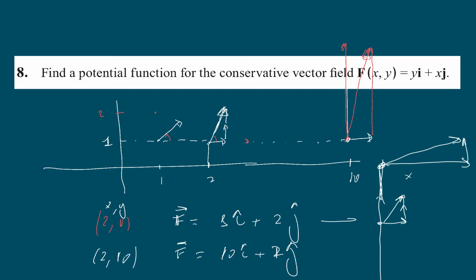It goes like this. So you can draw the vector field, but this is not the problem. The problem is to find the potential function.